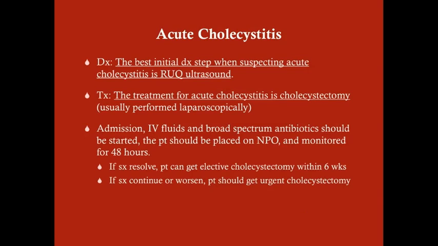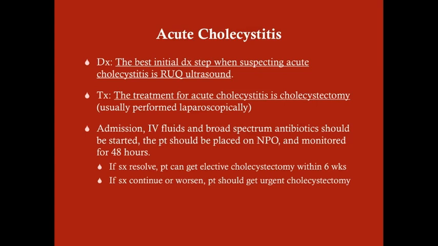So for diagnosis, as mentioned, the best initial step is ultrasound, and this tends to be the most accurate step anyway. The treatment for acute cholecystitis is cholecystectomy. However, we don't just wheel the patient right in for cholecystectomy right out of the ER.